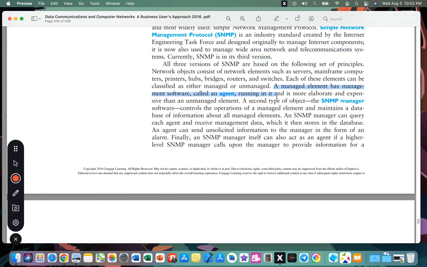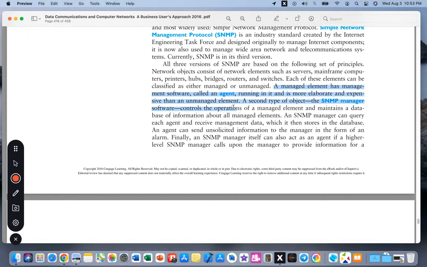A managed element has management software called an agent running on it and is more elaborate and expensive than an unmanaged element.